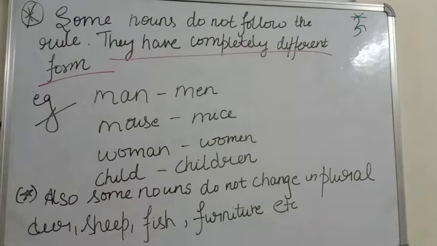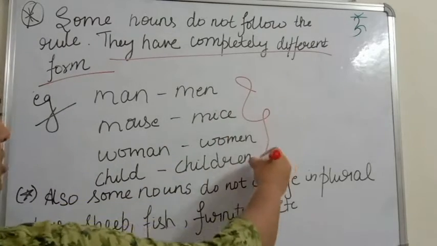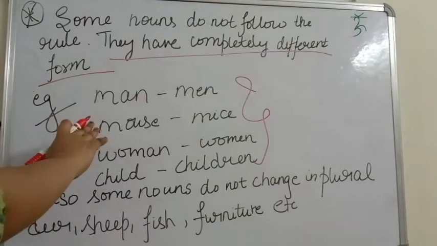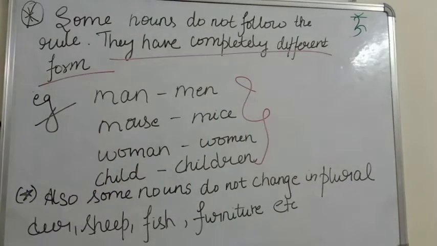We have discussed some of the basic rules of how to change singular into plural, but these are some of the words which are completely different, meaning they do not follow those rules to make these words into plural.